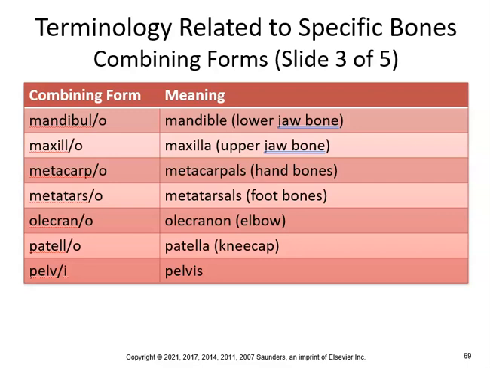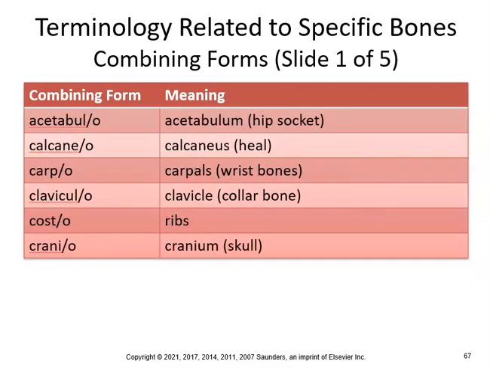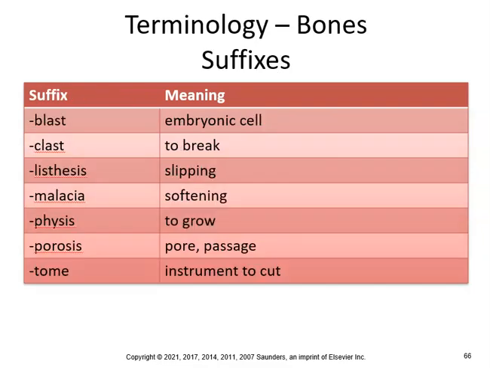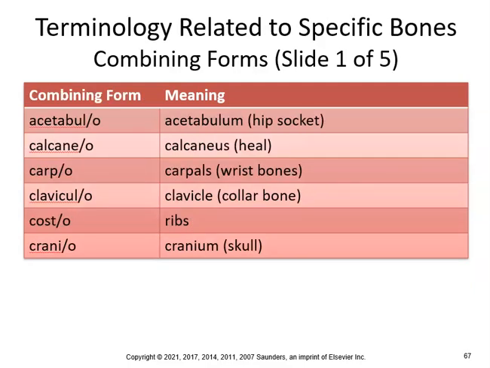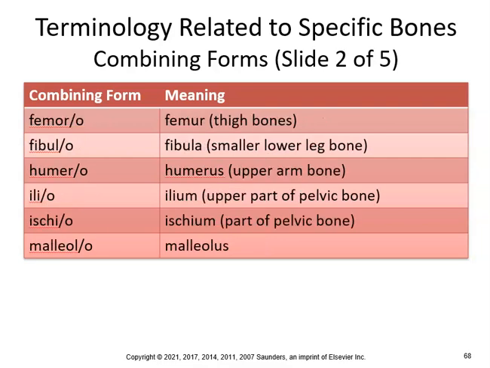Right? So if you go back to some of these suffixes, so blast, we talked about that. But if you look at these as combining forms, we could go acetabular, calcaneal, carpal, femoral, fibular, humeral.